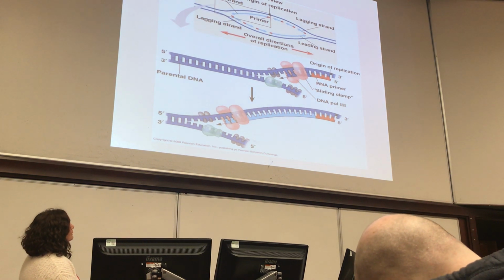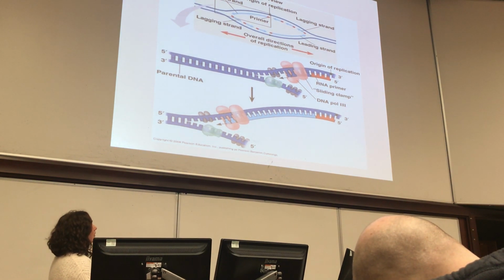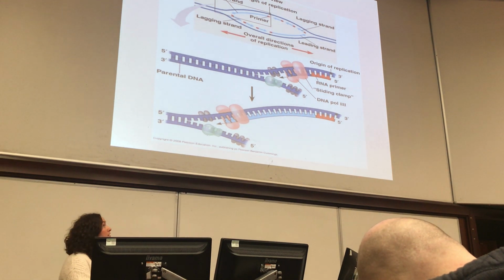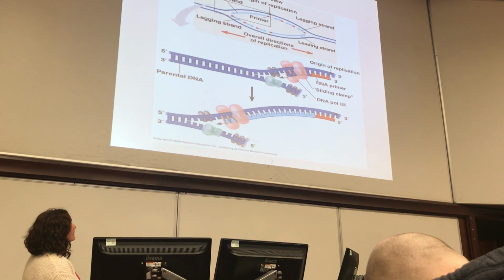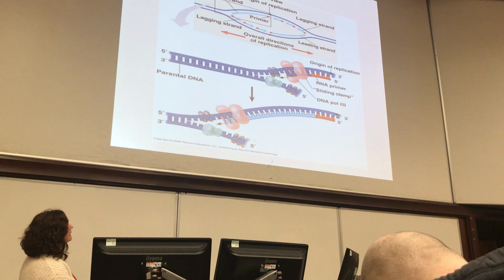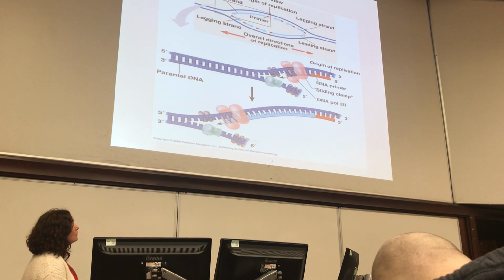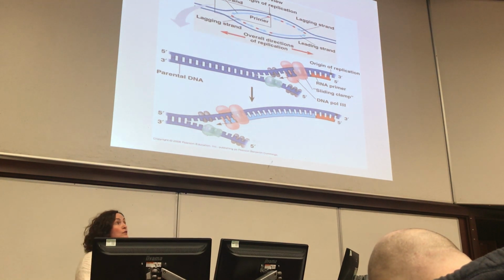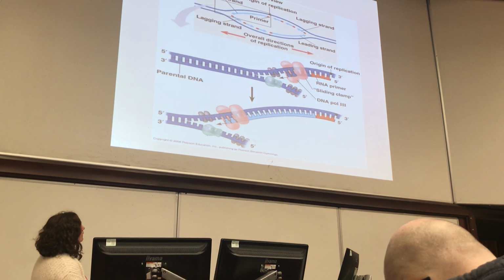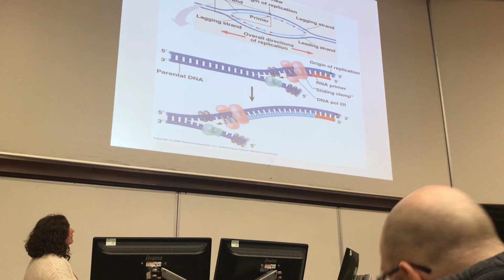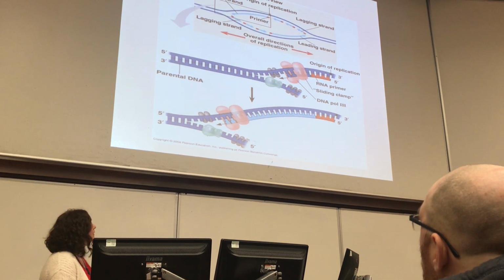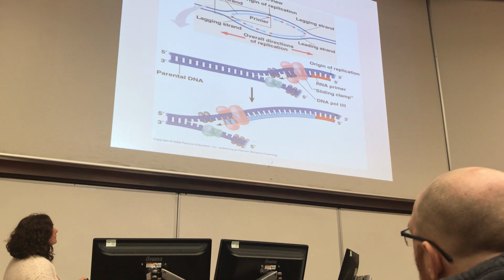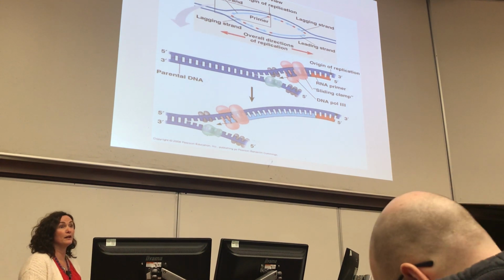So at the origin of replication, as we said, there's no ability for DNA polymerase to come straight along. So you have your primase that can synthesize an RNA primer of, like I said, 10 nucleotides, and then you've got DNA polymerase coming in and taking over and elongating the strand. This is called the leading strand and is made in a continuous fashion all along the line.